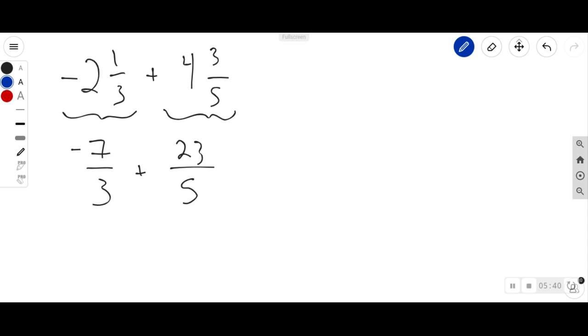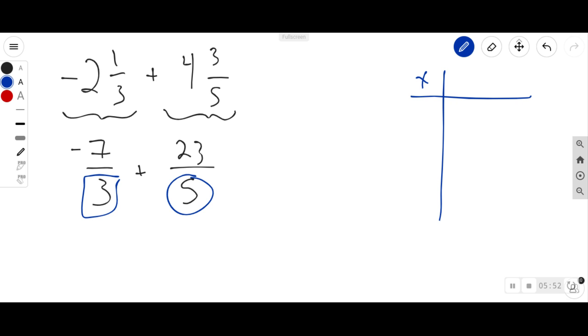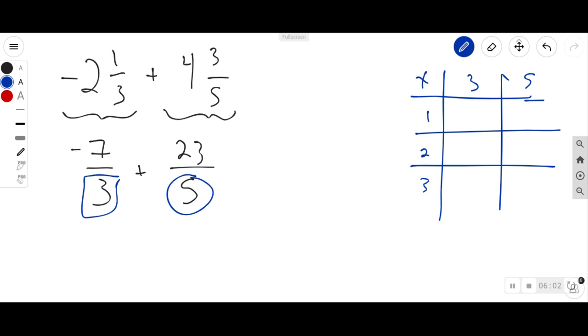So again, when I look at my denominators, they are not like terms, so I must find the least common denominator. So I've got 3 and 5. Again, 3 and 5 are not hard, so they should be fairly simple for you to find.